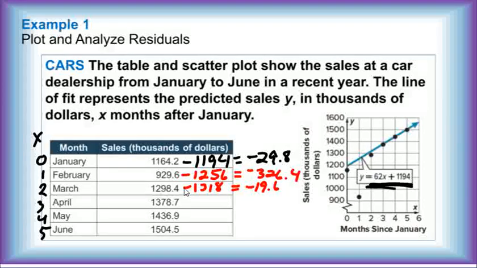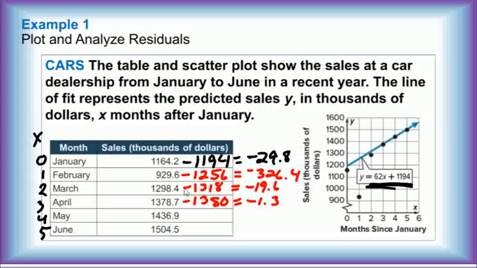Then our next one, put a 3 in for x, multiply it by 62, and then add 1194. You get 1380. Subtracting 1380 from it, we get negative 1.3.